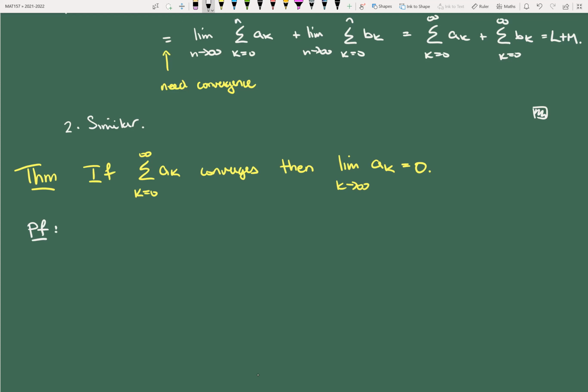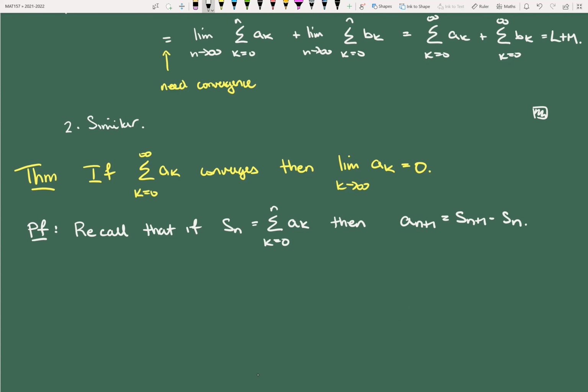But the proof of this is really, really slick, right? And the proof of it goes like this. So recall that if Sn, and at some point here, I'm going to stop writing this out and I'm just going to say Sn is the nth partial sum or whatever. So if Sn is the nth partial sum, then a(n+1) is S(n+1) minus Sn.